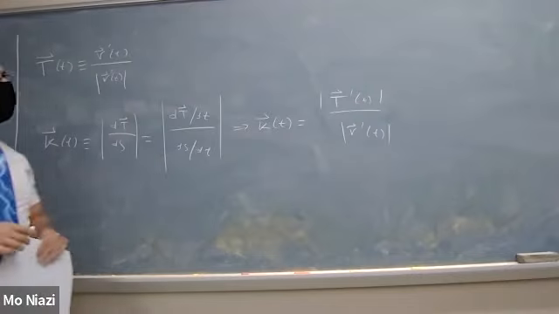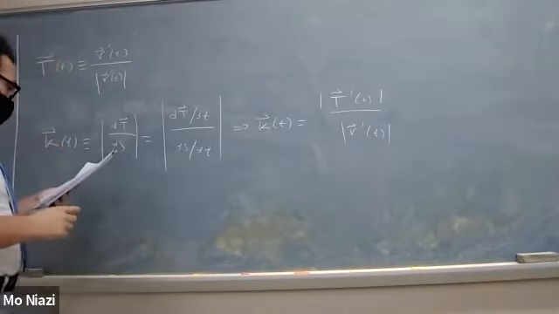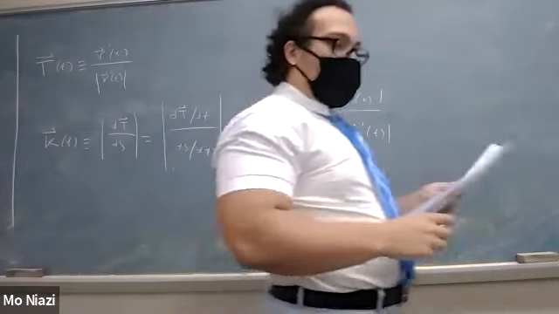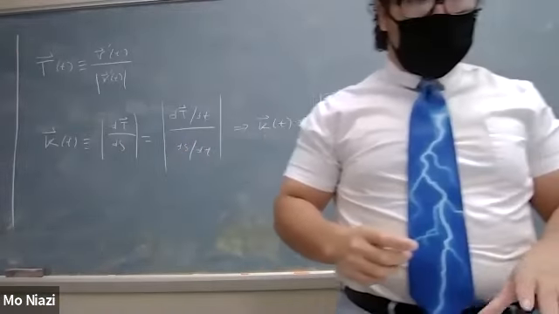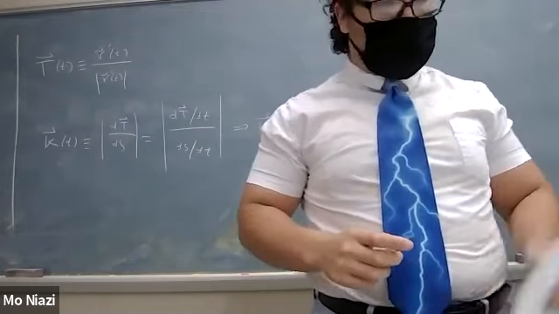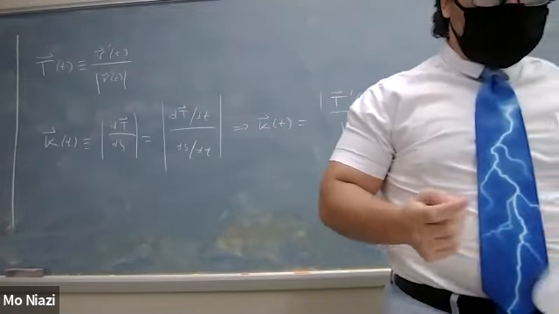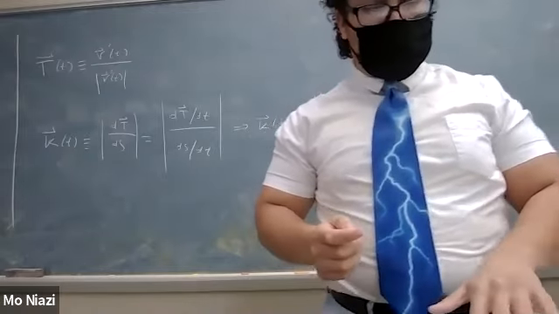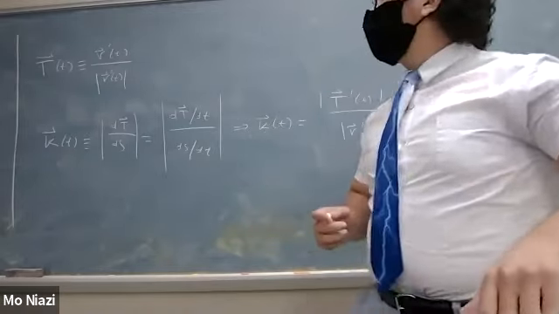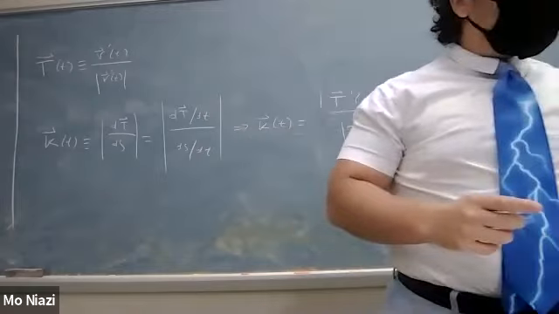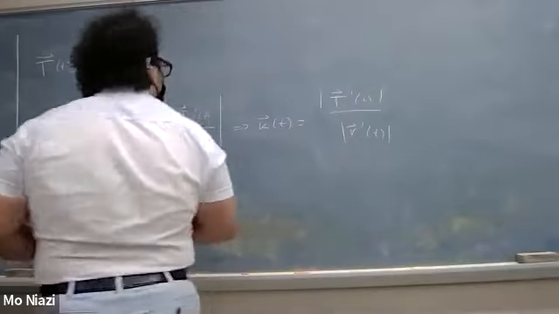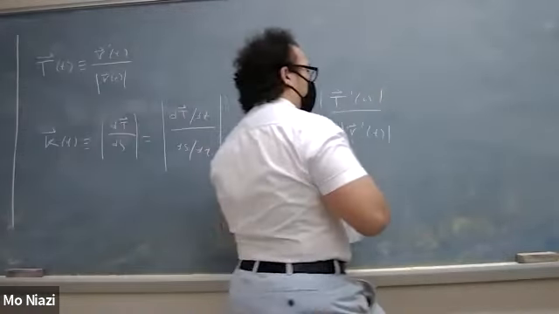Now, let's use this definition here to prove something about the curvature of the circle. Indeed, T is this R prime over R prime norm. So let's prove something about circles here.